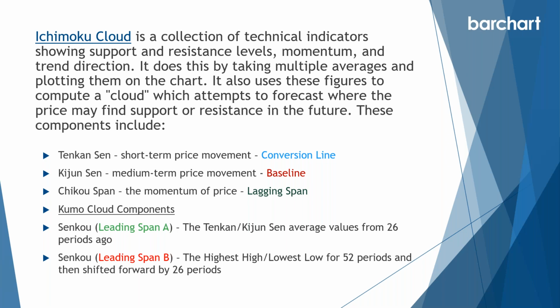Now, as I mentioned, the Ichimoku cloud is a collection of 5 components, each representing a distinctive characteristic of price movement, be it past, current, or potential future. The 5 components are the Tenkan-sen, short-term price movement, the conversion line; the Kijun-sen, the medium-term price movement, the baseline; the Chikou Span, which is the momentum of price, the lagging span; and then we have the cloud components, the Senkou leading span A and the Senkou leading span B. Now, what typically some platforms do is they westernize these terms, and Bar Chart is no different from anyone else.